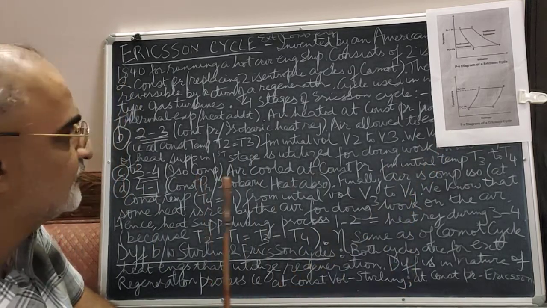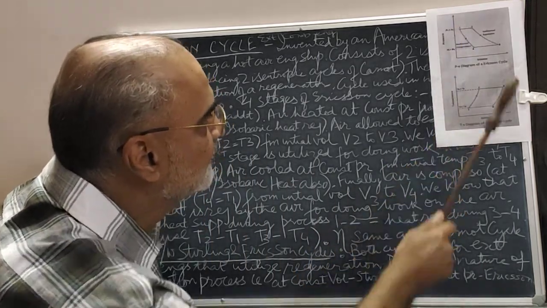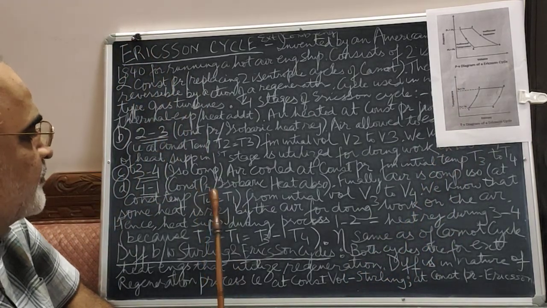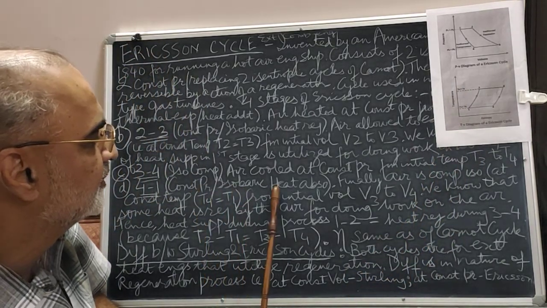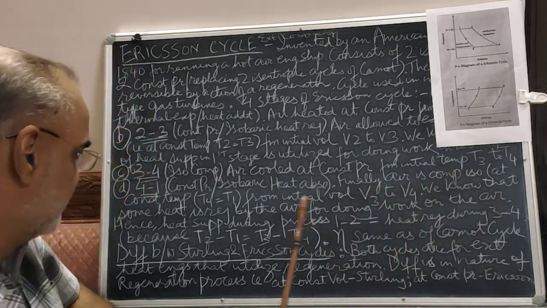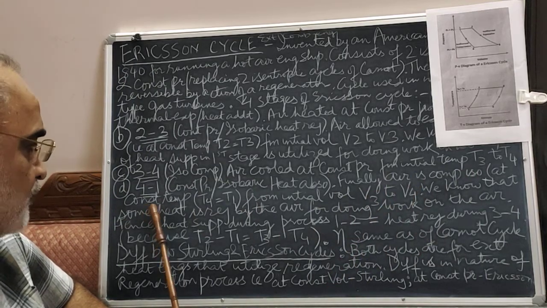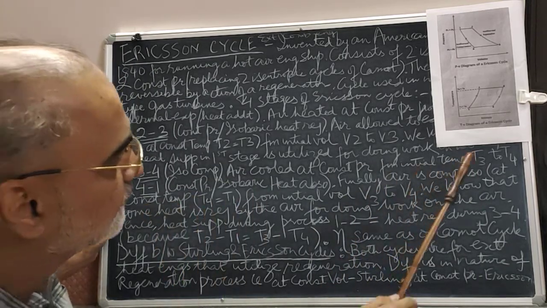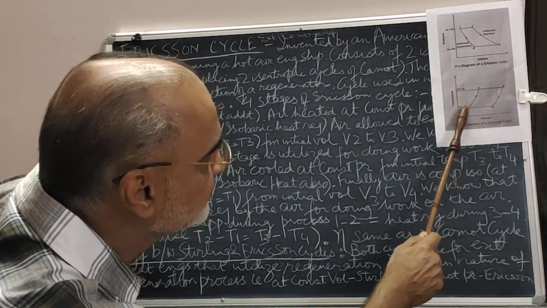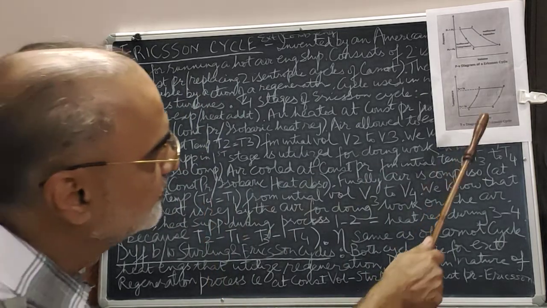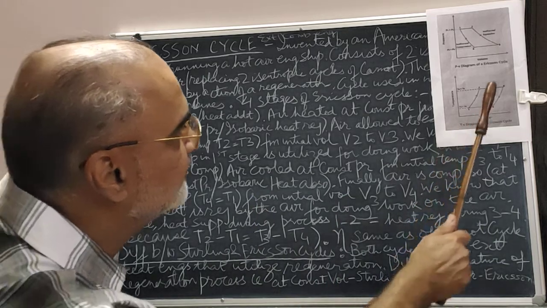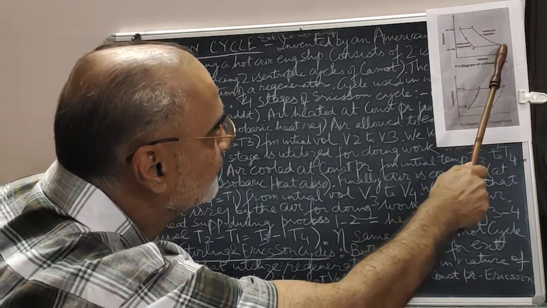And the last phase is 4 to 1. Constant pressure, isobaric heat absorption. Finally, the air is compressed isothermally at constant temperature, 4 to 1, constant temperature T4 to T1, from the initial volume V3 to V4.